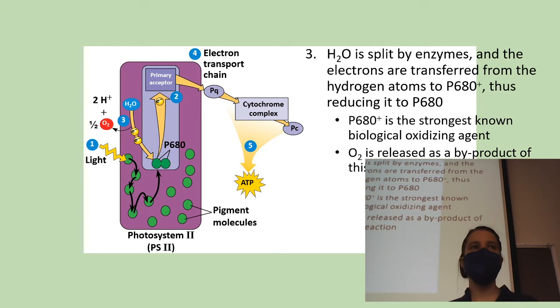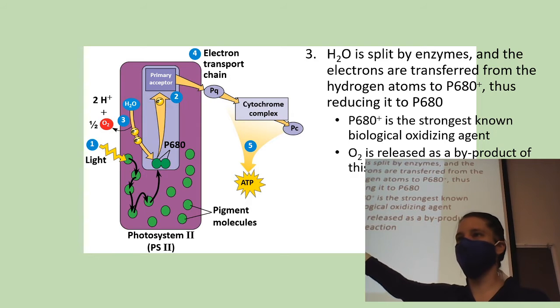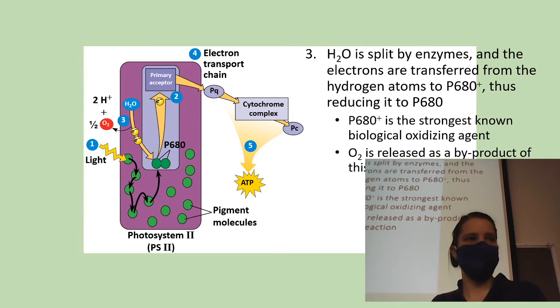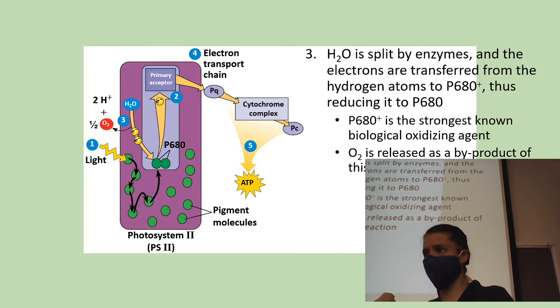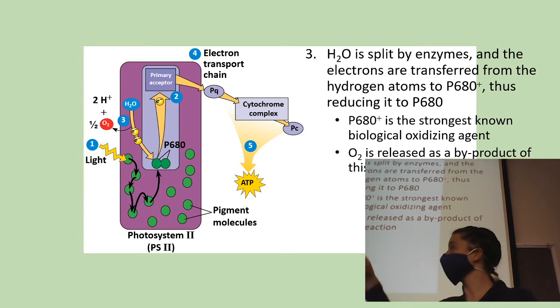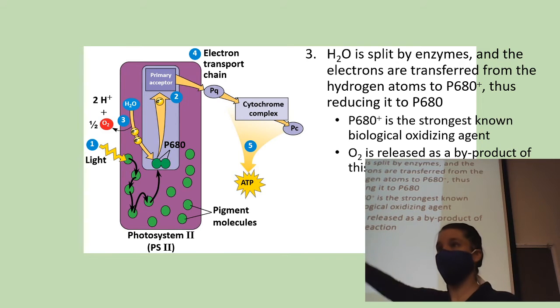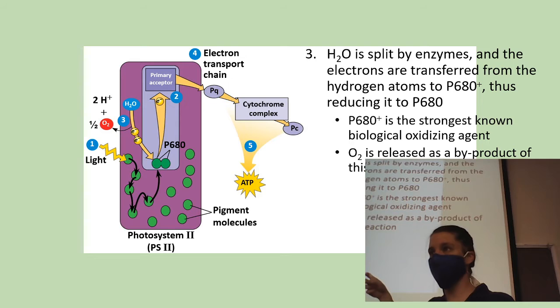So P680 plus goes back to P680, meaning now that thing's been recharged with a low energy electron. The electron in water is low energy. That electron there can hang out, low energy electron, ready for the next time that gets excited, then it'll go to high energy electron, you'll grab another low energy electron and keep refilling the system.